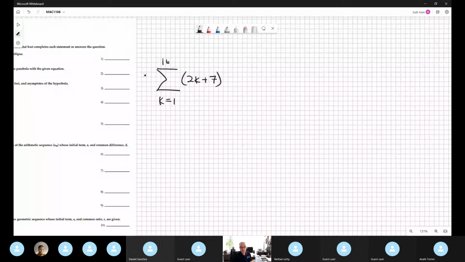Computers use the formulas. So the formula is you separate this binomial into summations. That limit is the same, from 1 to 16. And here you have 2k, but I put the 2 outside and k stays inside the summation, plus 7, and 7 is a constant. So now I recall the formulas.